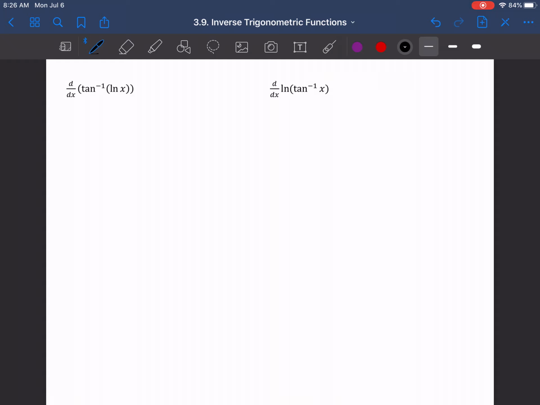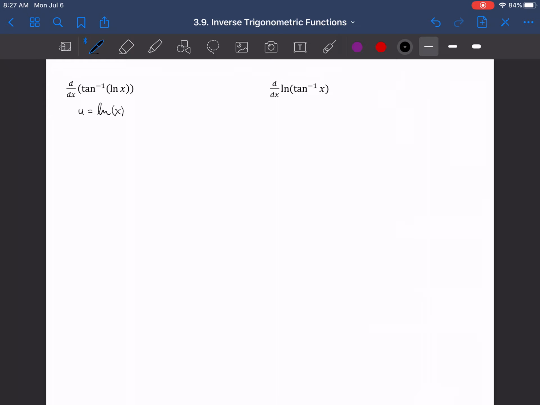Here we have the arctangent of the natural log of x. So this is going to be a chain rule. The last chain rule I just did derivative of outer times derivative of inner. This time I'll do u substitution and do the actual chain rule just so you see it. So we're going to say let u equal the natural log of x. All right.